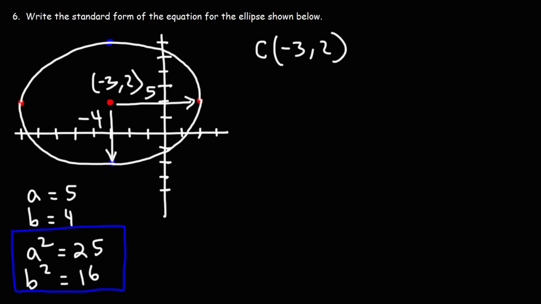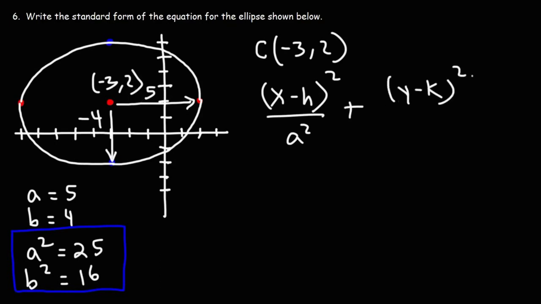So a is horizontal. So what we have is a horizontal ellipse, or an ellipse with a horizontal major axis. So the formula we're going to use is x minus h squared over a squared, since a is parallel to the x-axis, plus y minus k squared over b squared is equal to 1.